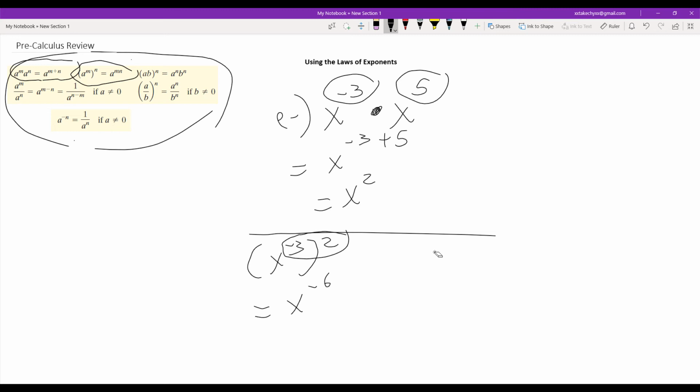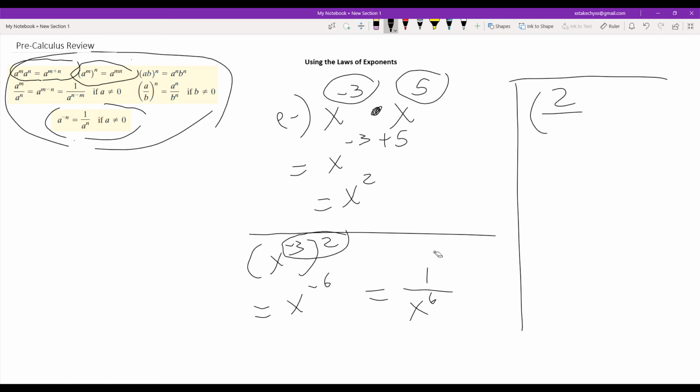Okay? So now let's do the last example. We have 2 over 3 to the 4th power. Now this is the same as rewriting it in this way: 2 to the 4th over 3 to the 4th power as well, because both the numbers are being affected by this 4.